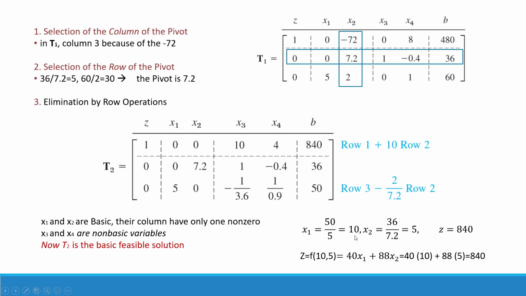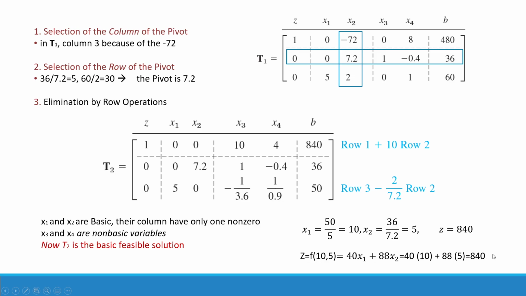If we use these values, 10 and 5, of these variables, they are replaced in the first equation to get the maximum objective function. We put 40 times 10 plus 88 times 5, and we get 840.